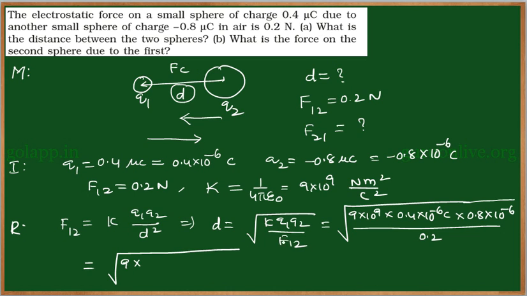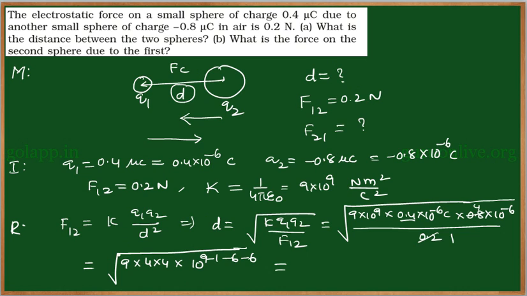9 into 0.2; once 0.2 force is equal to 0.8. So here I am writing 0.4 as 4 × 10^-1, and 4 × 4 × 10^9. Here another minus 1 we got, so minus 1, minus 6, and another minus 6.